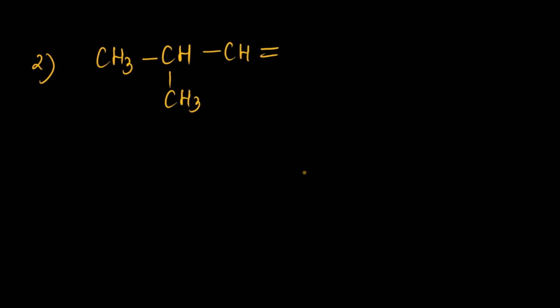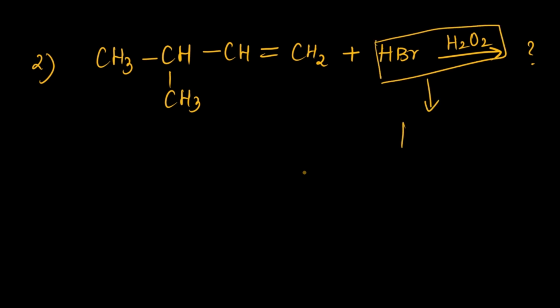And the next question is that CH3 CH CH double bond CH2 reacting with HBr in the presence of H2O2. What is the major product? That is your question. So I told you this combo is for anti-Markovnikov addition, which goes just opposite to the Markovnikov rule.